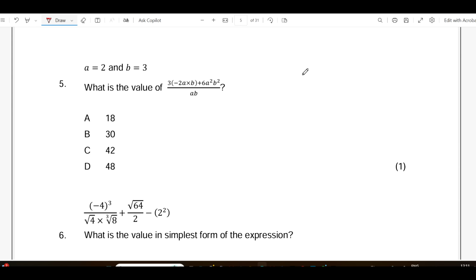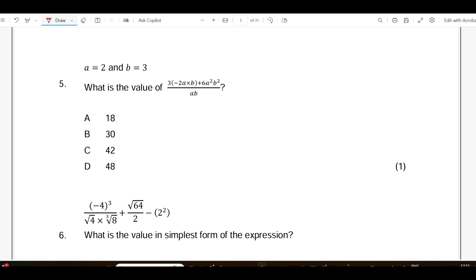Let me proceed to number 5. What is the value of the expression when a equals 2 and b equals 3?